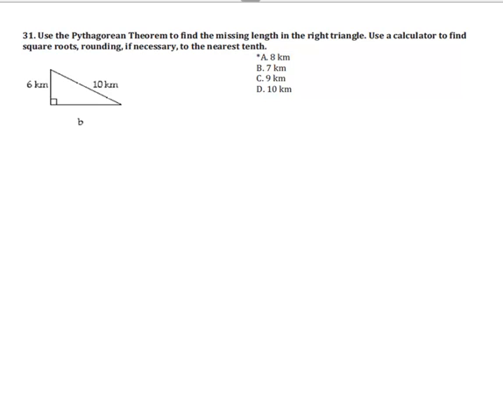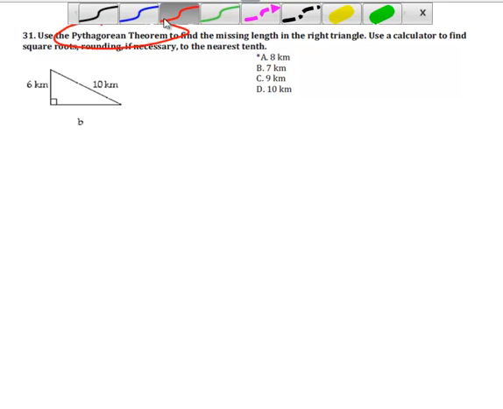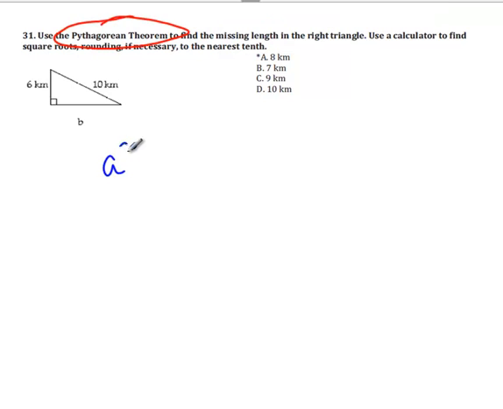Item number 31. Use the Pythagorean theorem to find the missing length in the right triangle. Use a calculator to find square roots, rounding if necessary to the nearest tenth. So if we need a calculator, we will use it. Now, the Pythagorean theorem says that a squared plus b squared equals c squared, where a and b are the legs and c is the hypotenuse of a right triangle.